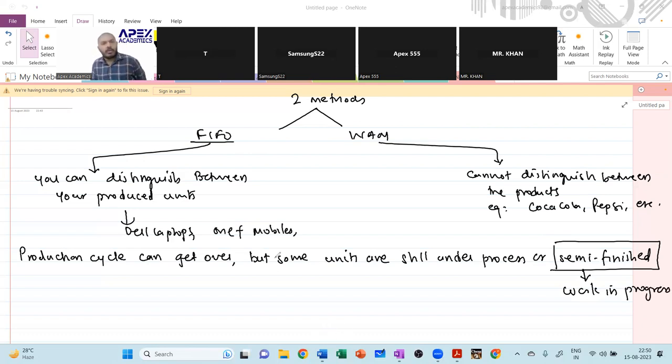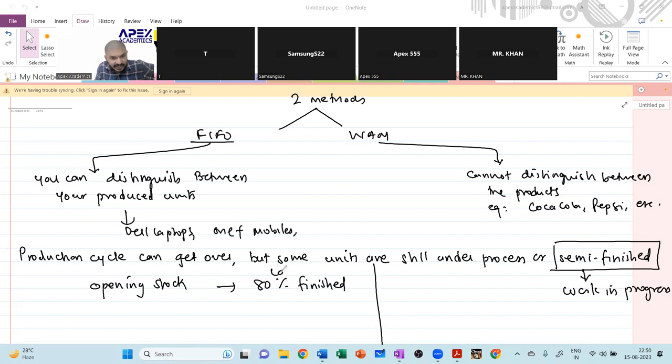Now what happens? You take into consideration an opening stock that is probably, you can say, 80% finished. This was 80% finished in the last period.